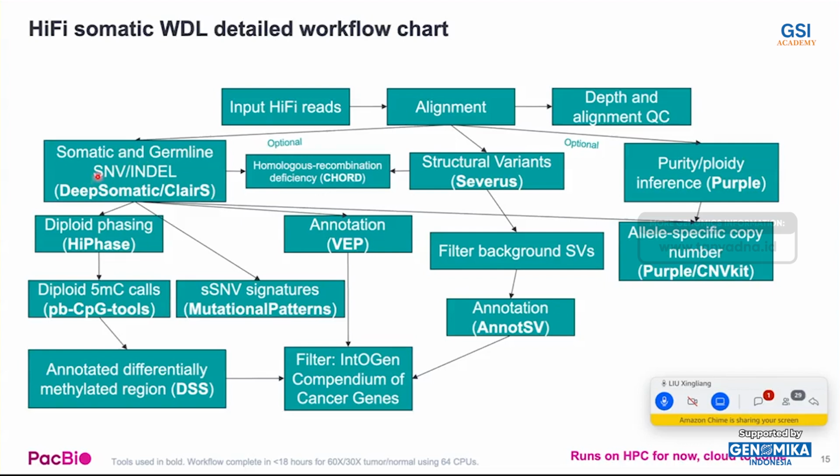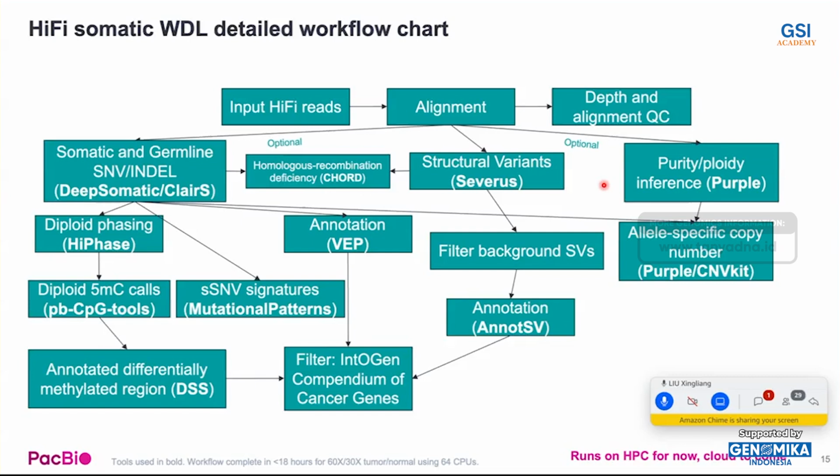The pipeline provides variant calling for different types of variants, including small variants like SNVs and indels using DeepSomatic and ClairS, and also large-scale structural variants using one of the cutting-edge long-read somatic SV detection tools called Severus. The small variants and large-scale structural variations will be further utilized for homologous recombination deficiency prediction using CHORD.